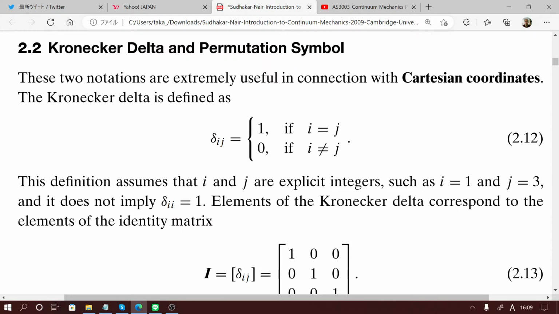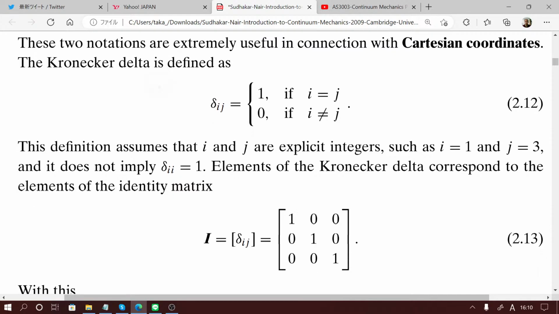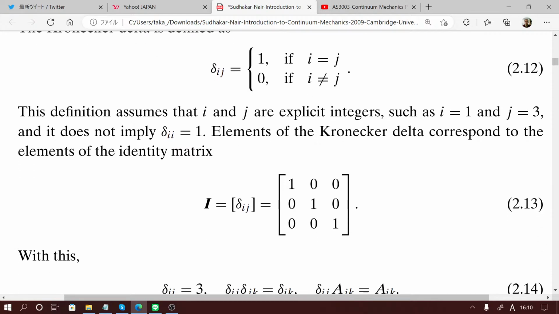The Kronecker delta is defined as delta ij equals 1 if i equals j, and delta ij equals 0 if i not equals j.